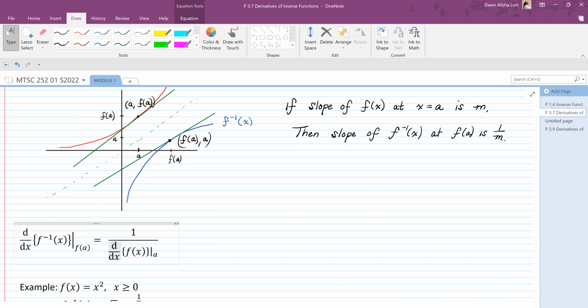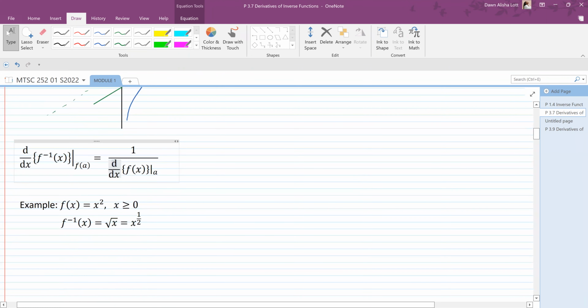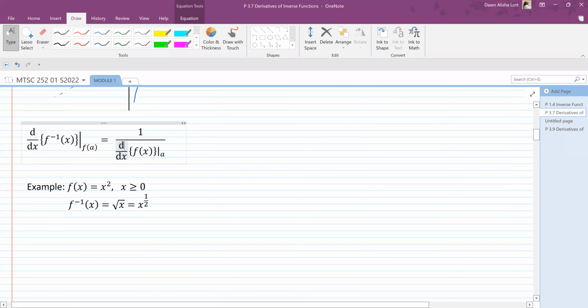All right, so let's see what happens here. I have a couple of examples. So the first example is nice and easy. f of x is equal to x squared. Okay.